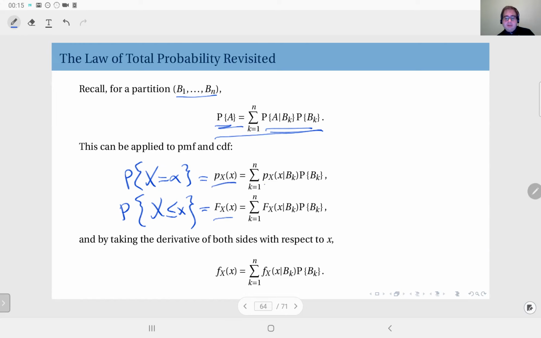Okay, here we will have the PMF conditioned on each of these events, B1 through Bn, multiplied by their individual probabilities. This is a direct application of the law of total probability. Similarly with the CDF, you can obtain the CDF by conditioning this on each of these events.